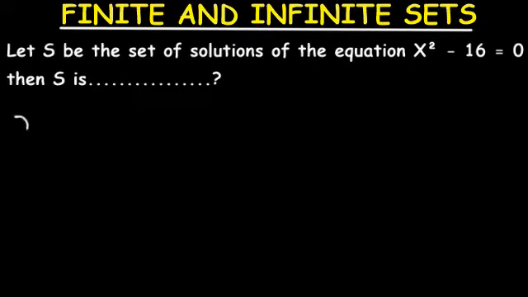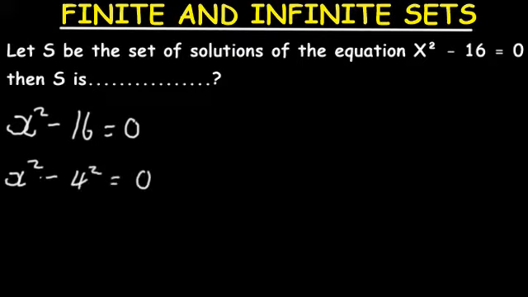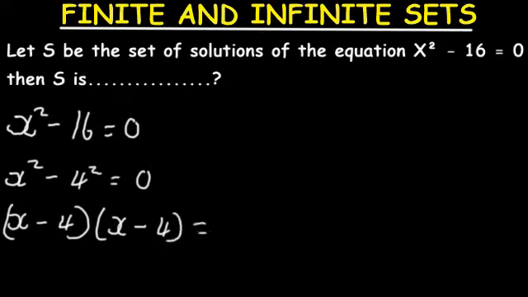We are given x squared minus 16 equals 0. The equation given to us is a difference of two squares, because this can be written as x squared minus 4 squared equals 0, and this is simply x minus 4 multiplied by x plus 4 equals 0.